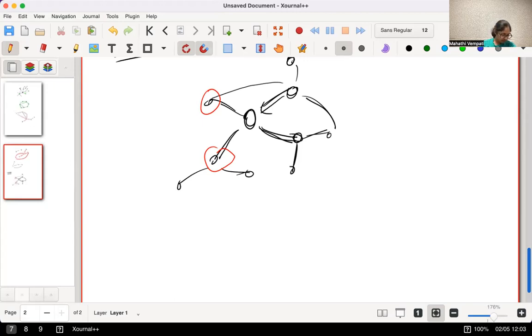Maybe you want to do a breadth first search.